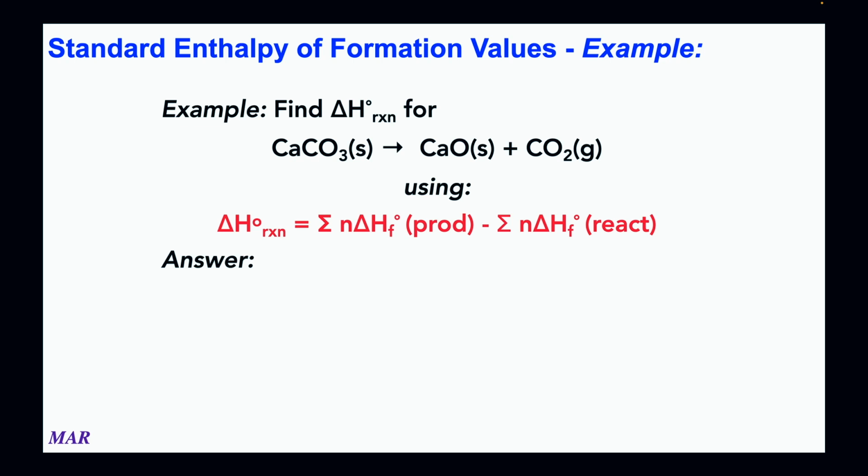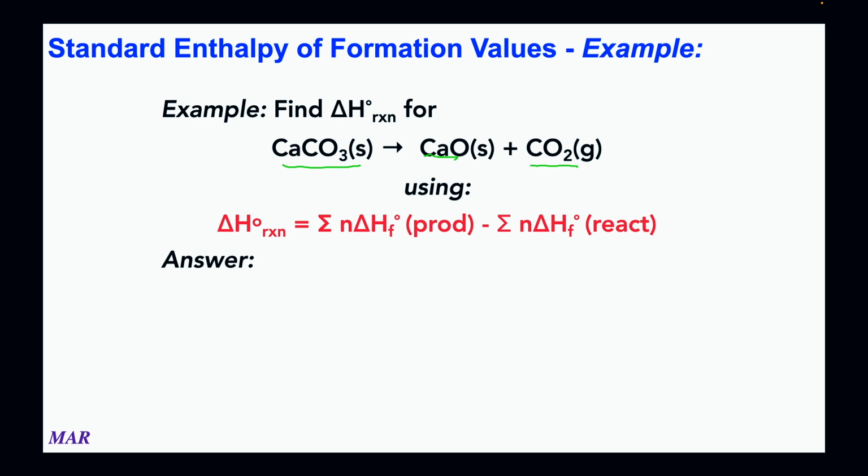So this is actually a pretty cool way to do things once you figure out how this all works. Let's say we want to find delta H reaction for this reaction, which is calcium carbonate breaking up into calcium oxide and carbon dioxide. So to figure this out, we're going to take the sum of all the heats of formation that are products, and we'll subtract from it the sum of all the heats of formation that are reactants. So for this problem, the products are calcium oxide and carbon dioxide, and the only reactant is calcium carbonate.